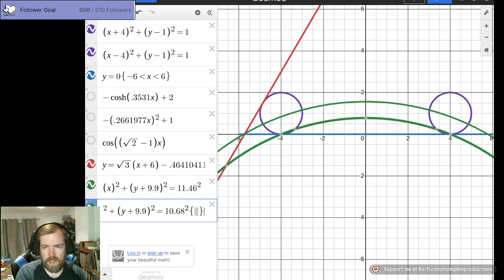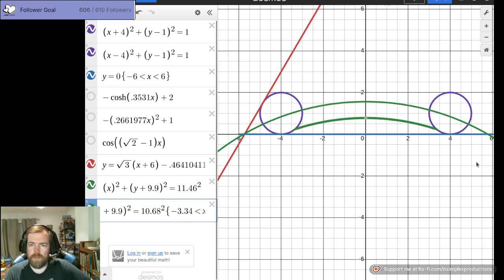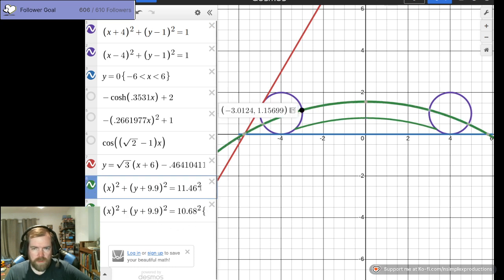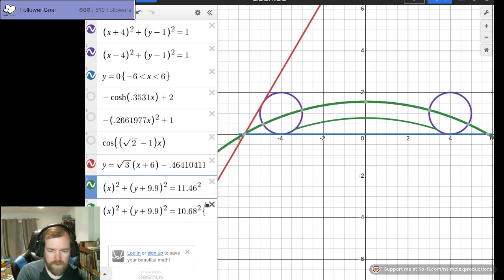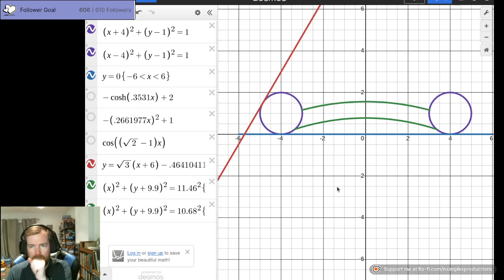So if we did this as x less than 3.34 and more than negative 3.34, that's what we get here. And same with this one. It's going to be between negative 3.02 and 3.02.